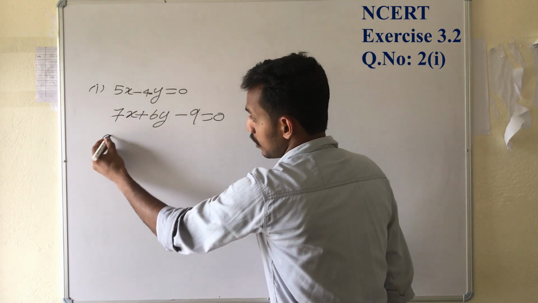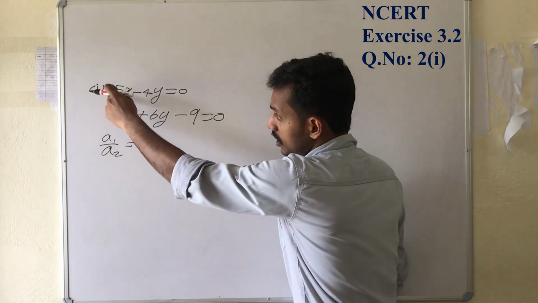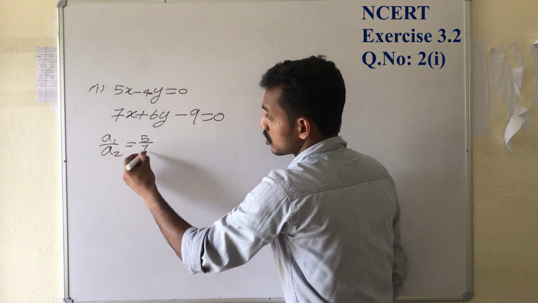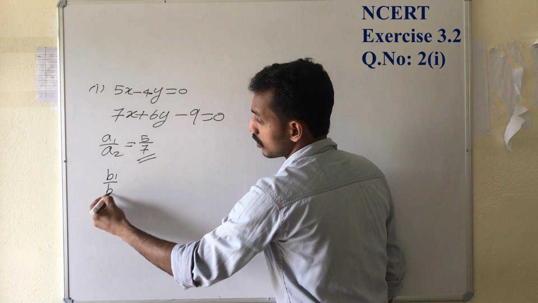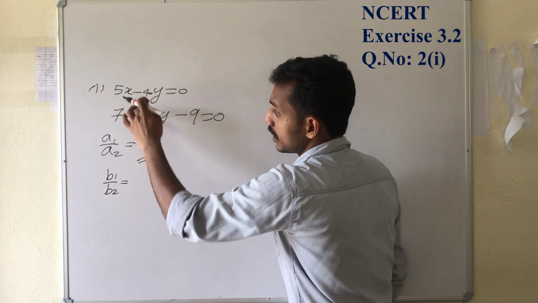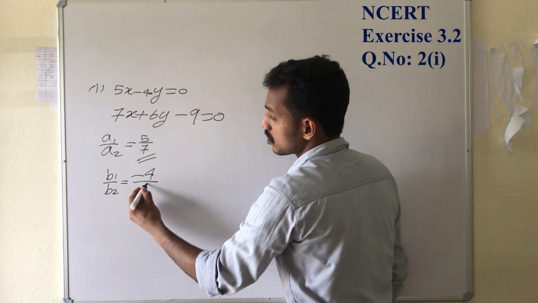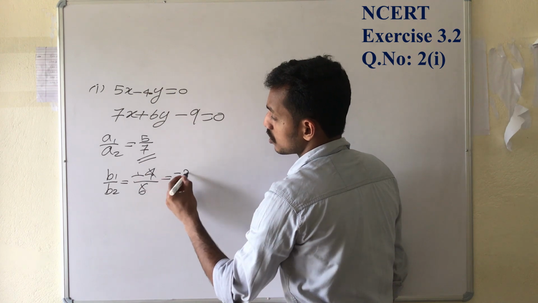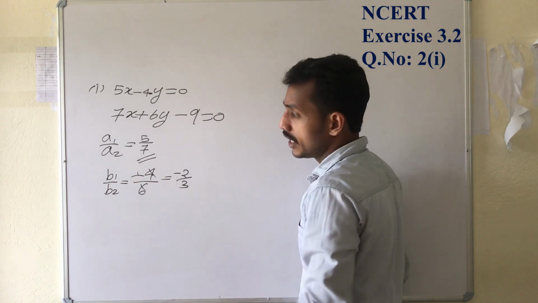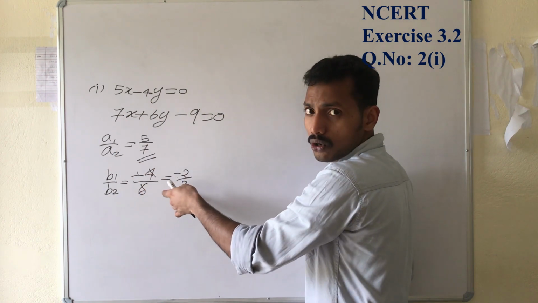So first, a1 by a2 is 5 by 7. Now what is b1 by b2? b1 is minus 4 and b2 is 6. Simplified, what will we get? Minus 2 by 3. Now here we can conclude that a1 by a2 is not equal to b1 by b2.